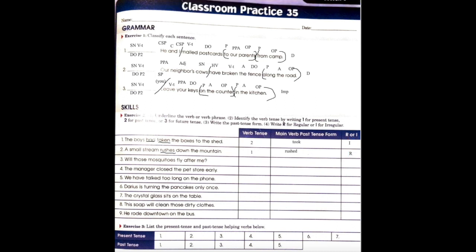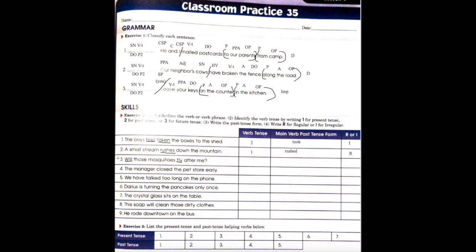Number 3, will those mosquitoes fly after me? We need to identify the verbs. Fly is the main verb. Will is a helping verb. With a question, your helping verb will always come at the very beginning of the sentence, even though the main verb will not. So it's okay that they're apart from each other. Verb tense.